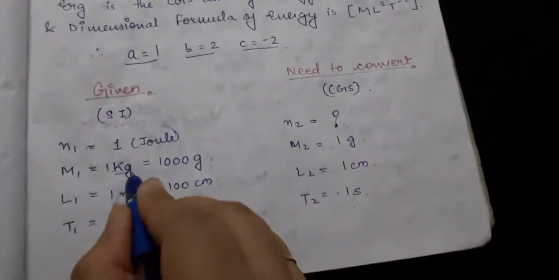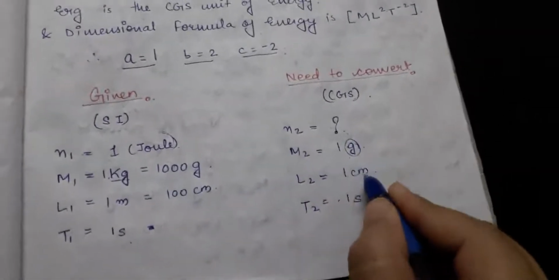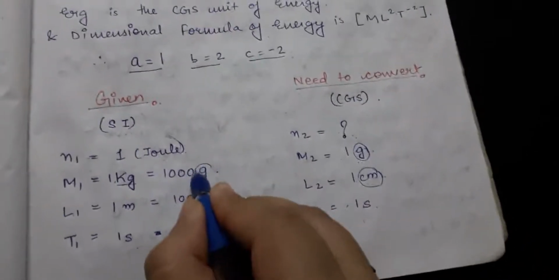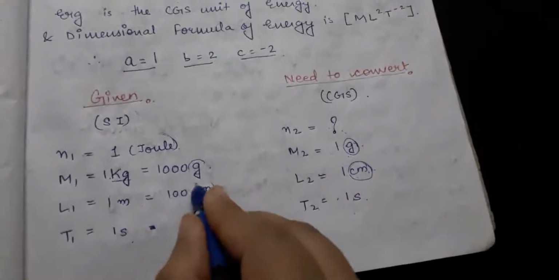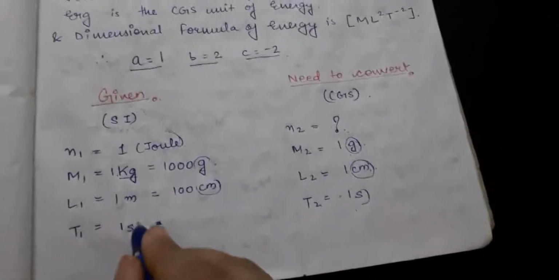That is why I have converted kg into gram, because both sides need the same unit. If gram is on the right hand side, gram should be on the left hand side. If centimeter is on the right, centimeter should be on the left. If second is on the right, second should be on the left.